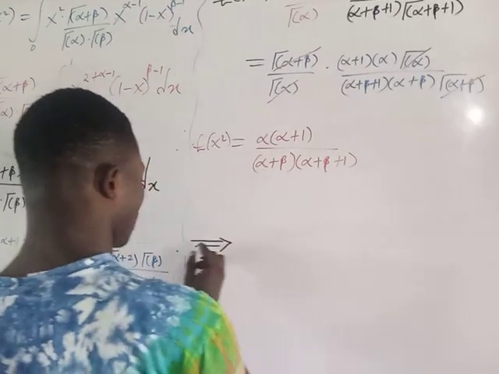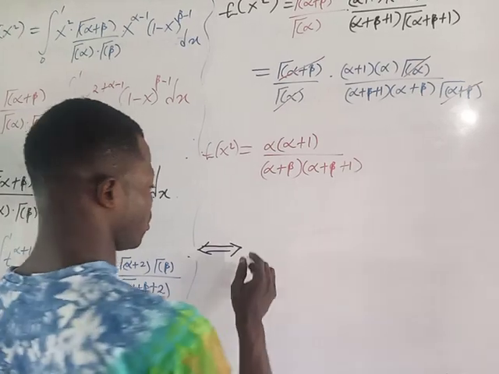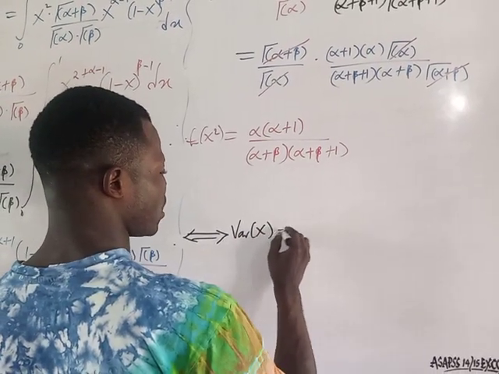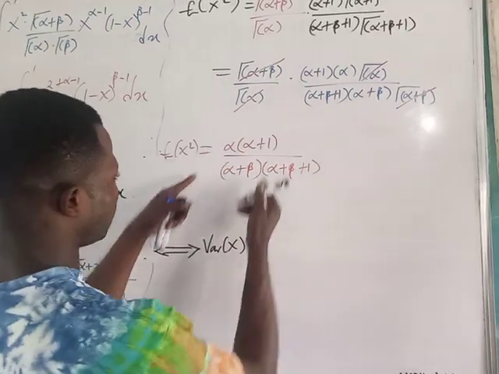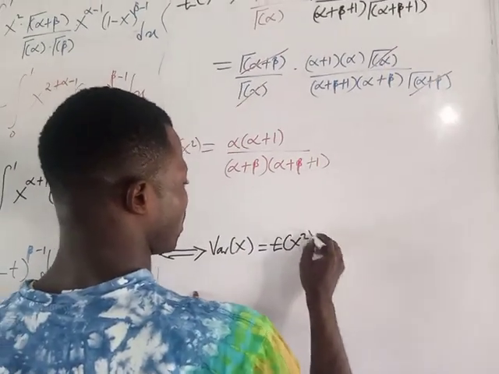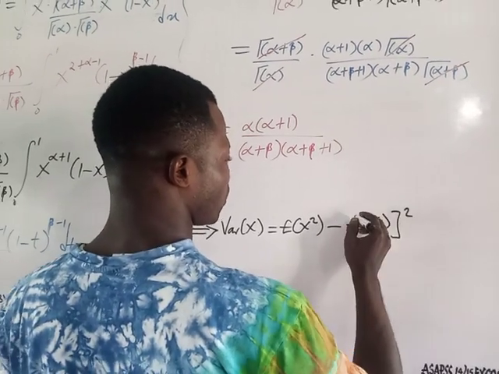If and only if all these are correct, we can now have our variance of x equal to this, which is expected value of x squared minus expected value of x all square, right?